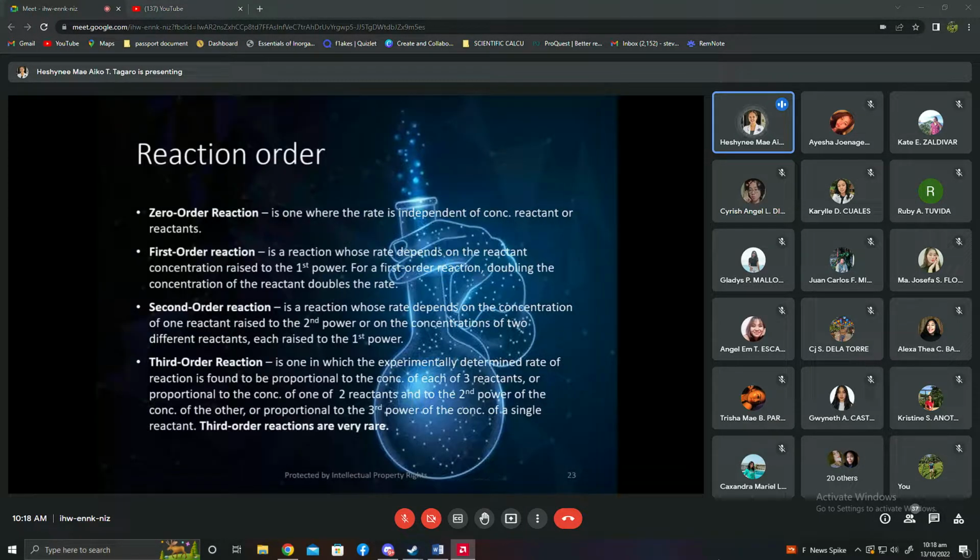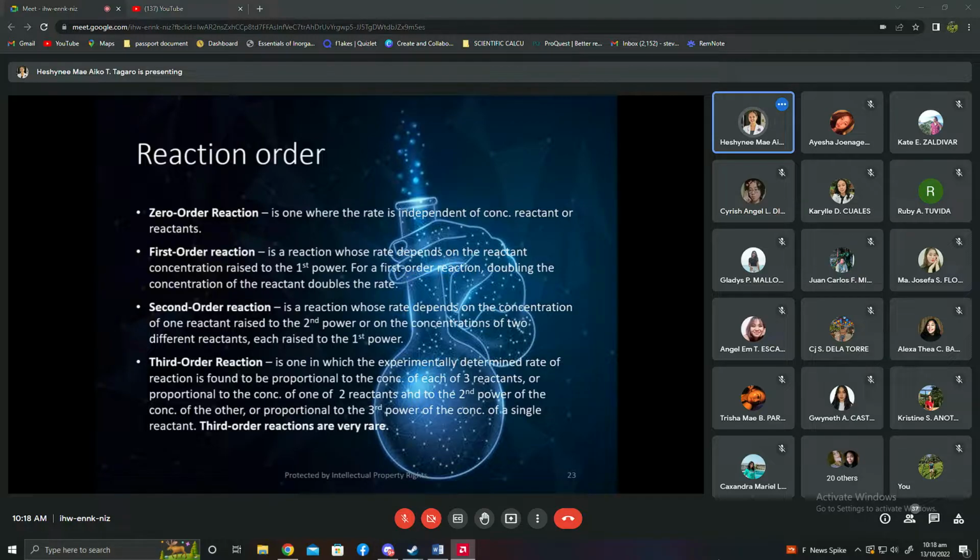Okay? So for the third order reaction, actually this is not really talked about because this is a very rare situation. Okay, so it's experimentally determined.